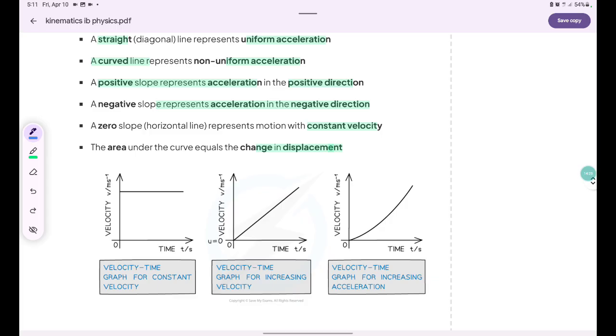First, velocity time graph for increasing acceleration. Velocity time graph for increasing velocity. And finally, velocity time graph for constant velocity, horizontal or parallel to the horizontal axis. The vertical axis here represents velocity measured in meters per second.